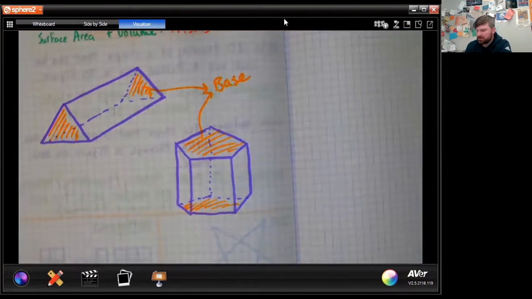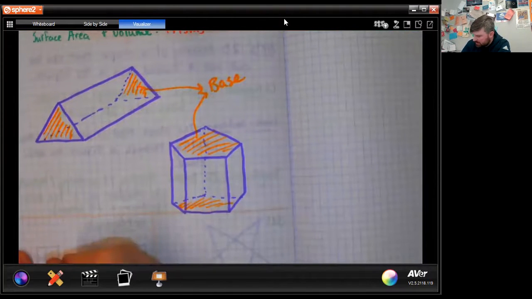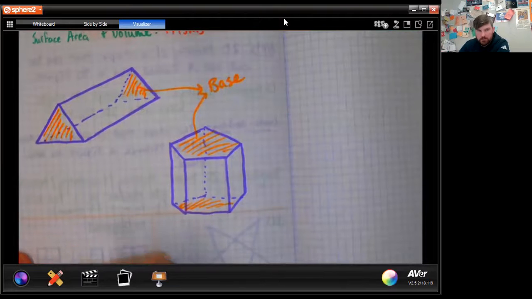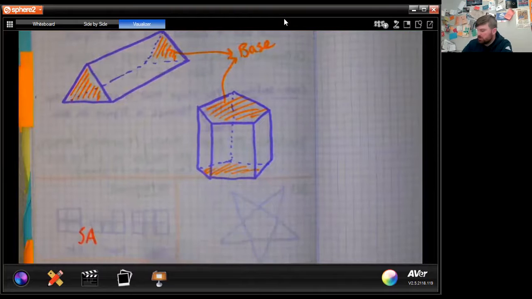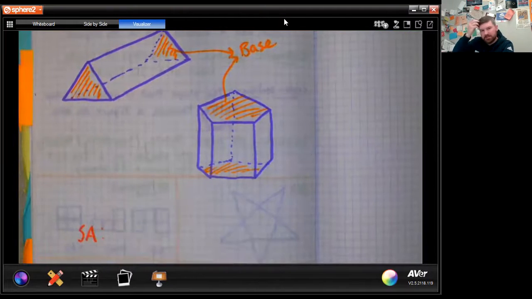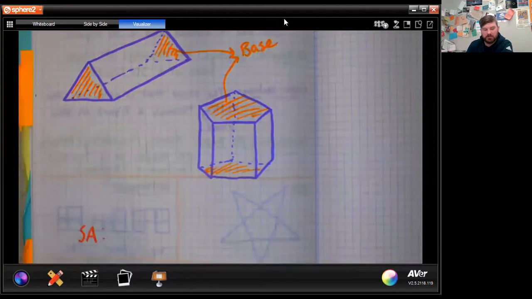So to find surface area, we label as SA. To find surface area of these things, we just have to add up the area of all the sides.